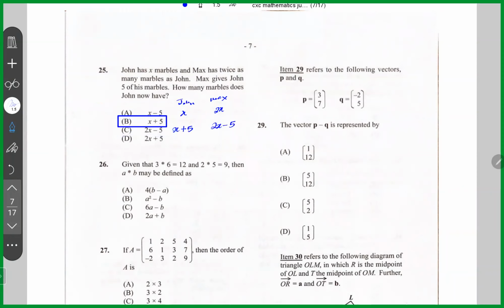All right, so given that 3 star 6 is equal to 12 and 2 star 5 is 9. All right, this is a trial and error question.